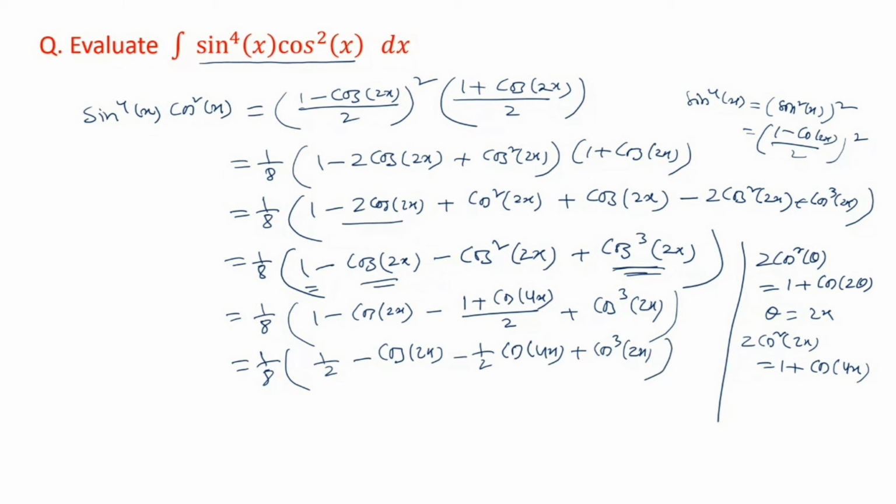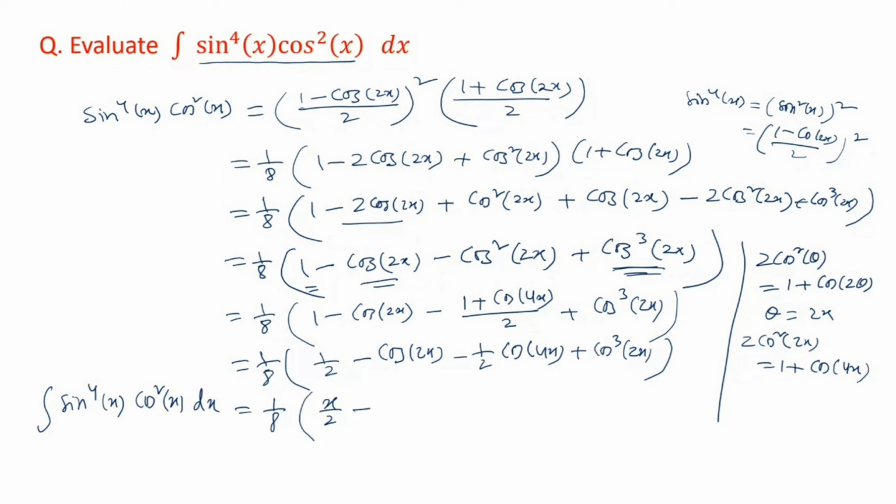Now to solve this integration, we have the integral of sine to the power 4 x cosine square x dx. This is equal to 1 over 8, which we will keep as it is, and here I will write the direct integration.